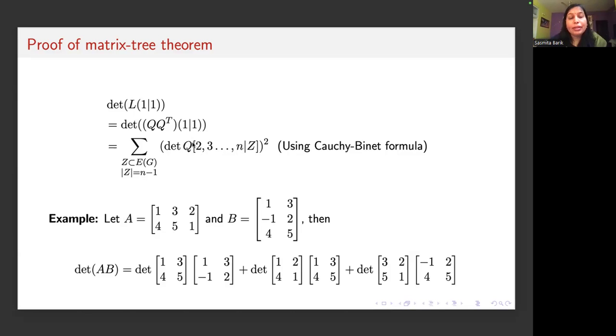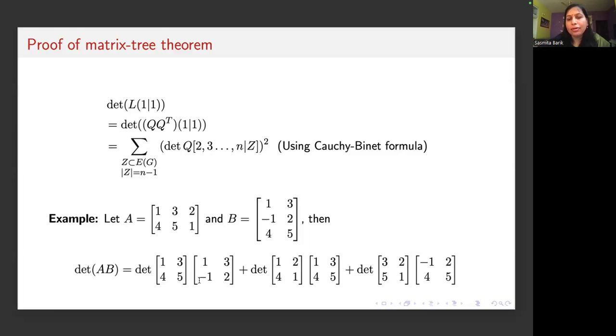But when you are taking the determinant, Q of that and Q transpose of this matrix have the same determinant, so this term will come as a square. So this will be a sum over all Z with size n minus 1, so basically you are taking n minus 1 columns.